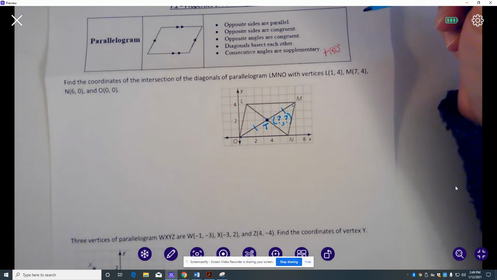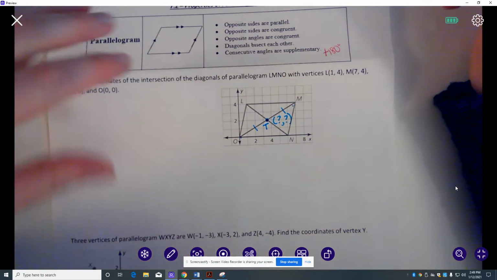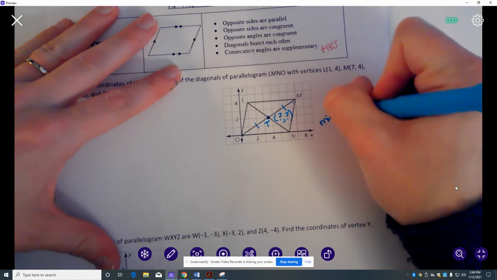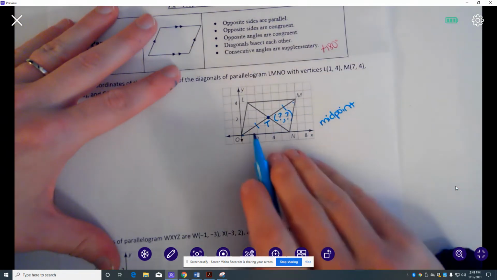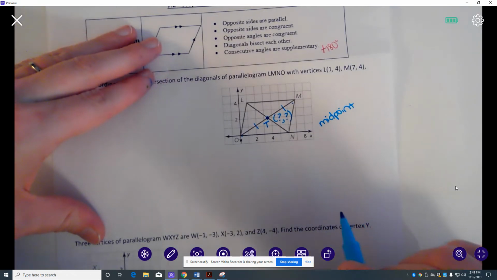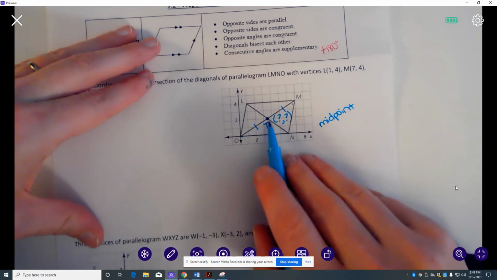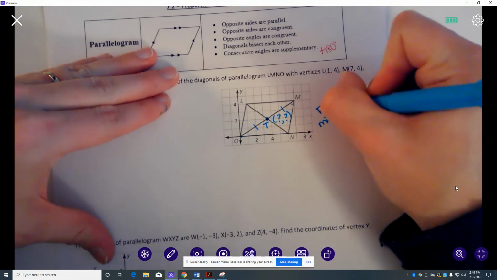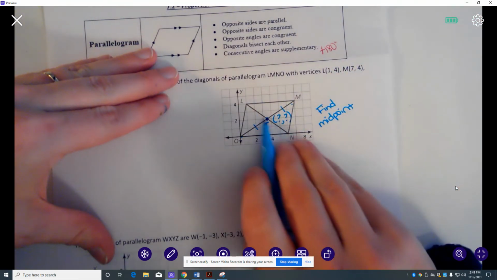And so what we can do is find the midpoint of both diagonals, which should be the same, and that point will be our point T that we're trying to find.